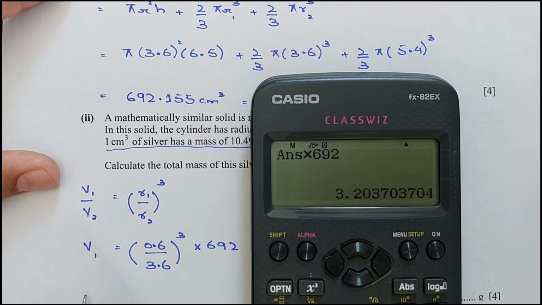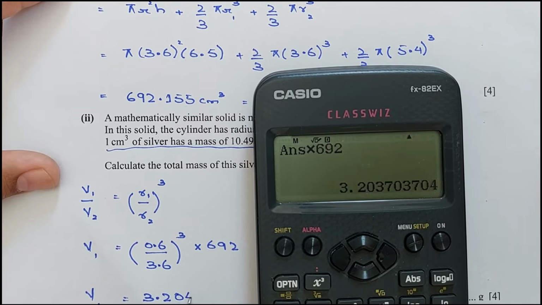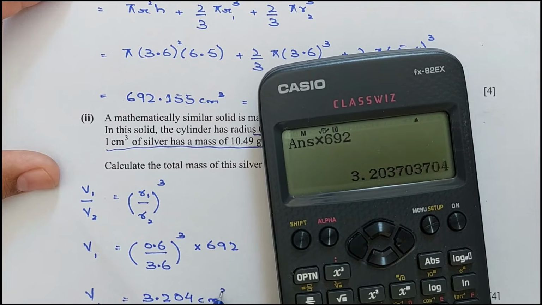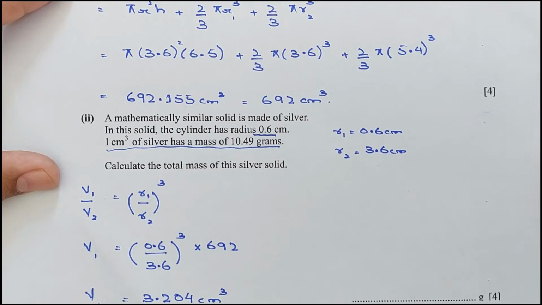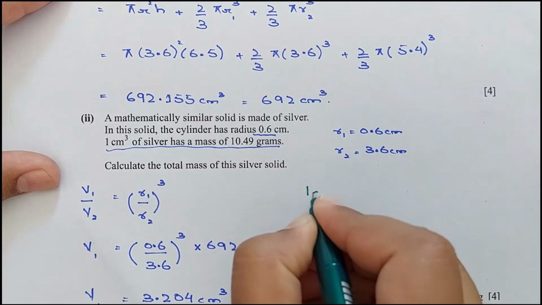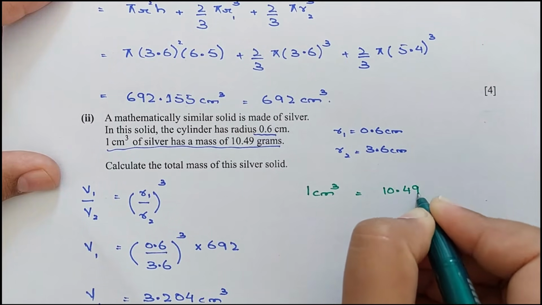So volume 1 is 3.204 centimeter cubed. We are given that 1 centimeter cubed of silver has a mass of 10.49 grams.